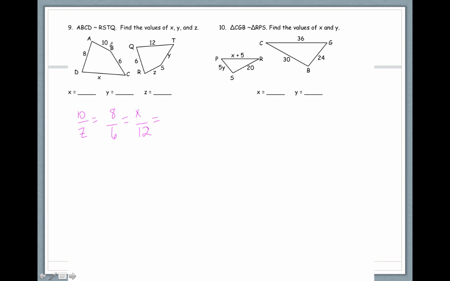I've got BC, which is 6, over ST, which is Y.